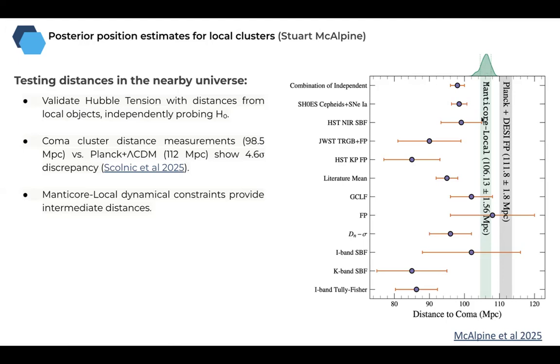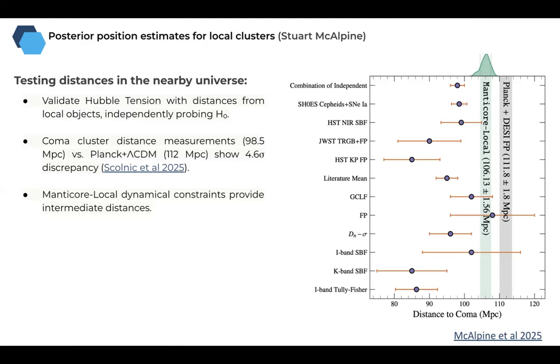So we see that it's in between those two results. It cannot really resolve the observed tension, but it's important that the Manticore results use a purely dynamical reconstruction method to put the Coma cluster consistently within the large-scale structure.